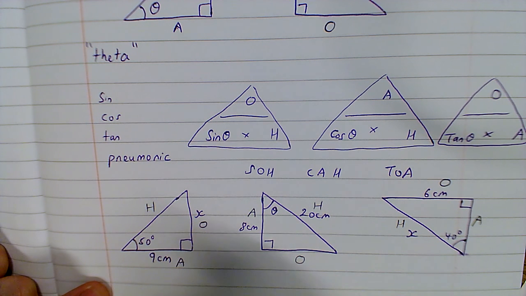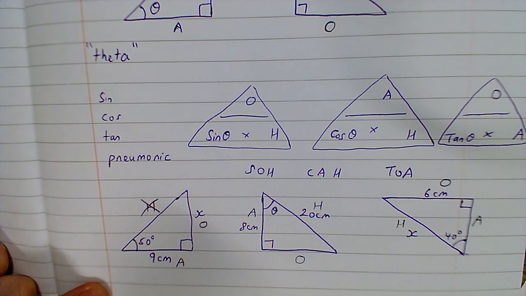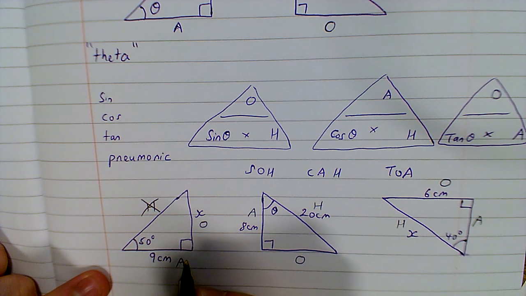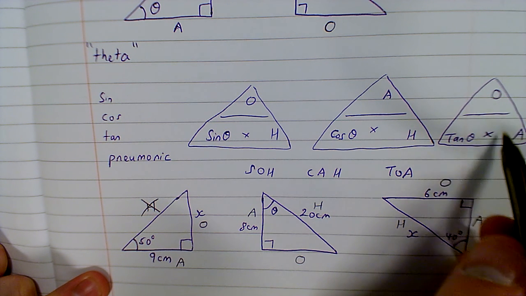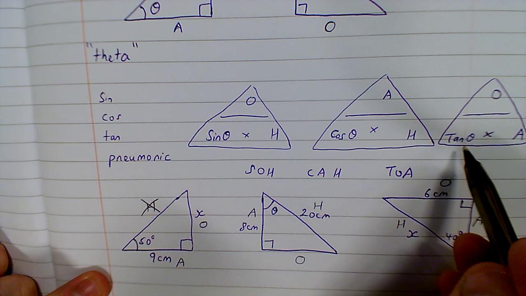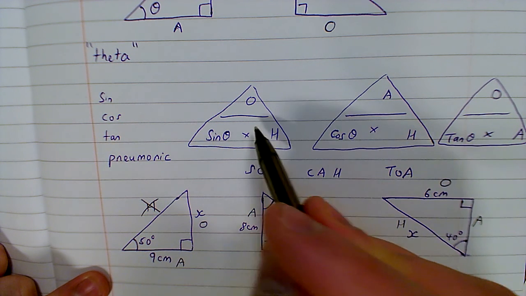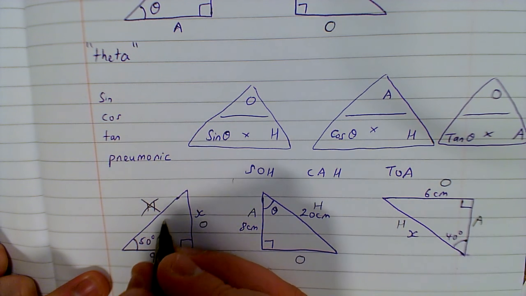Now we're going to cross out the one that is not involved in each question. So in the first one we don't need H because it's not got a label on it. There's no X or number. So all we're left with is O and A. O and A uses tan, or in other words, tan is the one that doesn't use H. So that's a tan question.